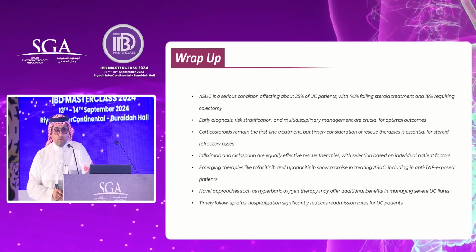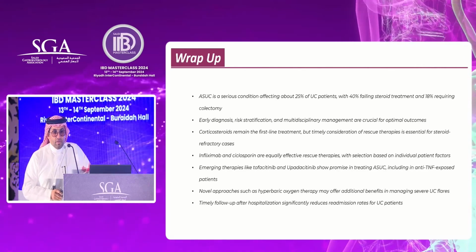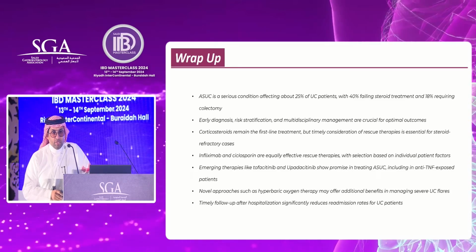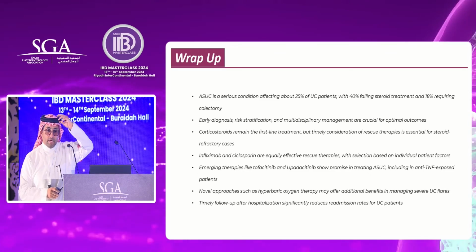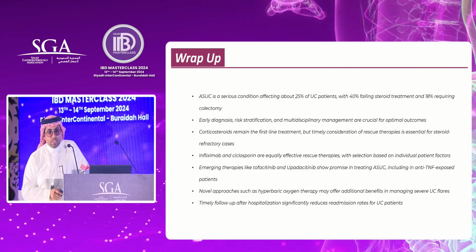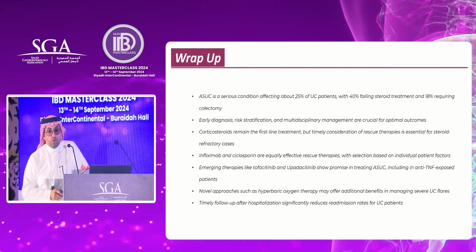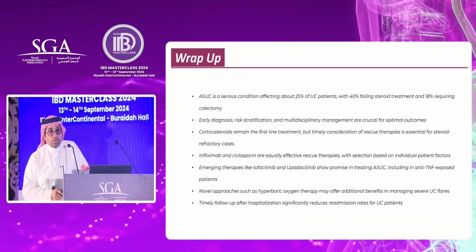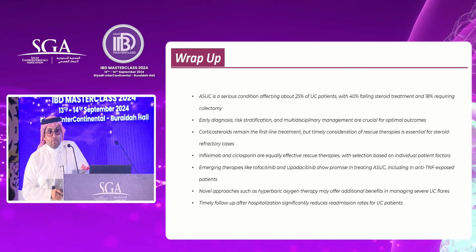So the conclusion: acute severe UC is a serious condition affecting about 25% of patients, and 40% of them do not respond to therapy, and 18% require colectomy. Early diagnosis, risk stratification, and multidisciplinary management are crucial for the optimum outcome. Steroids remain the first-line therapy.